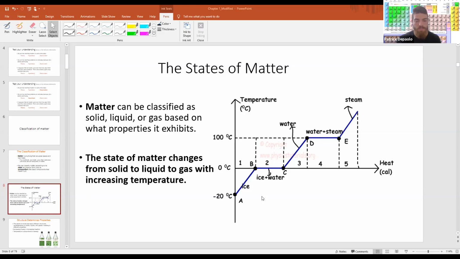So low energy. Then once you increase the temperature, or increase the thermal energy, you get to a point known as the melting point, where that ice begins to melt. At 0 degrees Celsius for water, you have a water and ice mixture until all of the ice is turned into water. Once it is, it can raise temperature again.